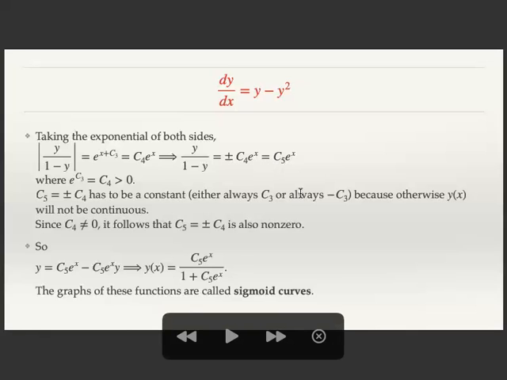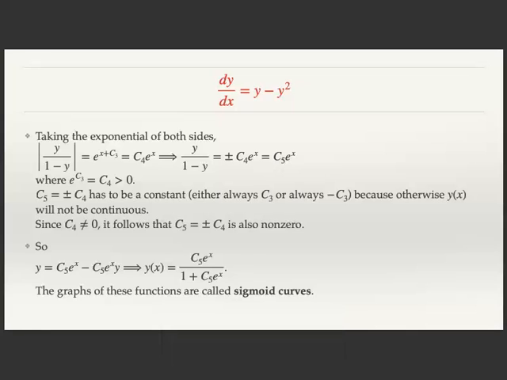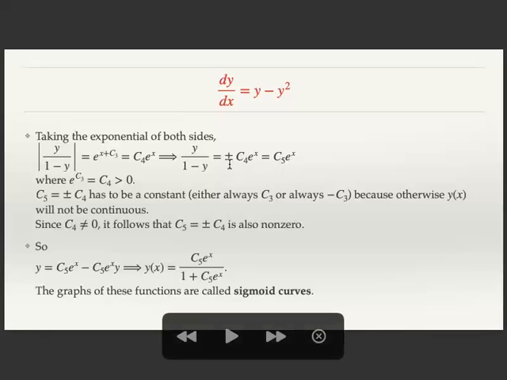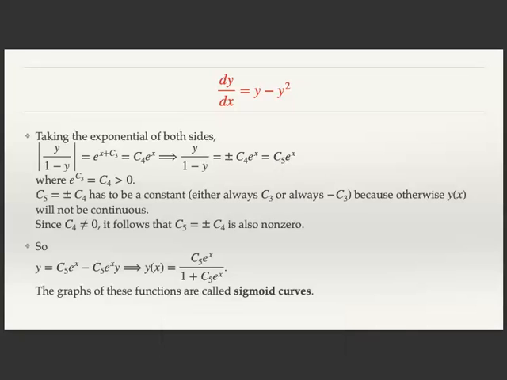Plus or minus C4 is either C4 all the time or minus C4 all the time. It cannot be C4 half of the time and minus C4 the other half of the time.